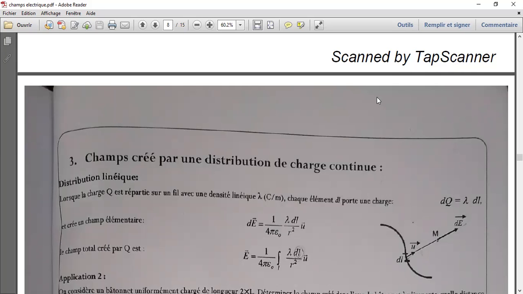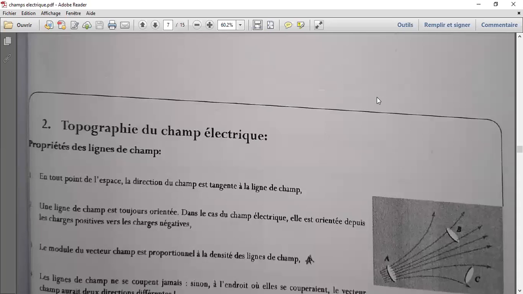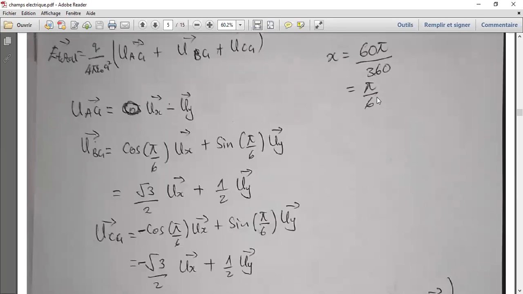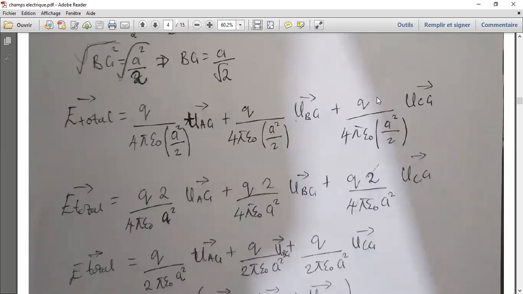For example, for punctual we had this example where you have the charges fixed in the corners. That's punctual.